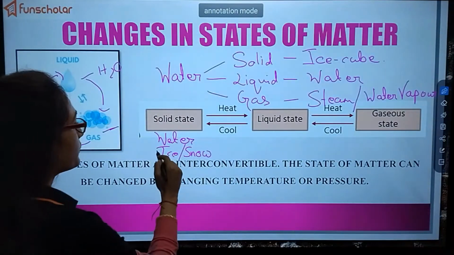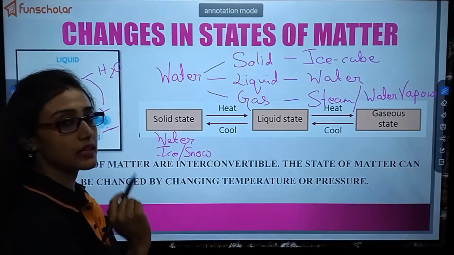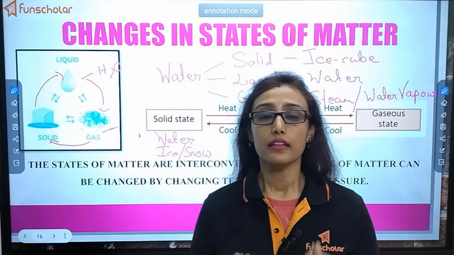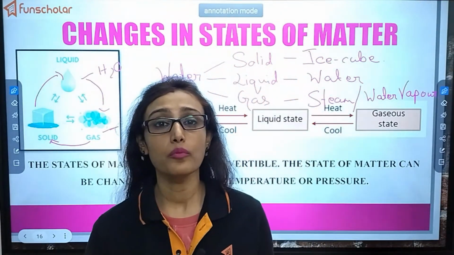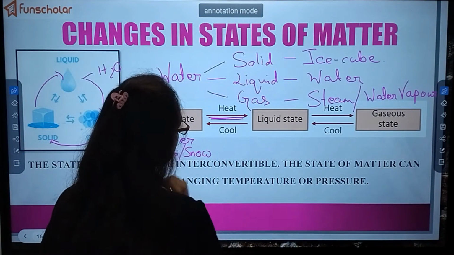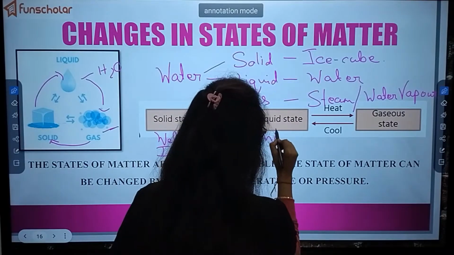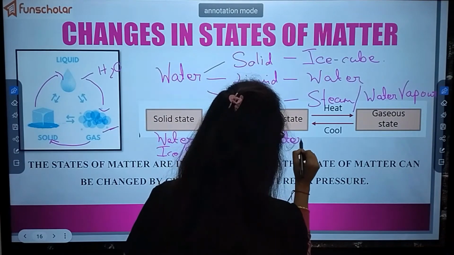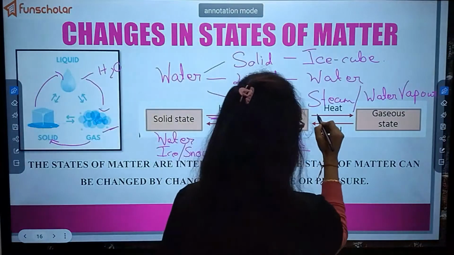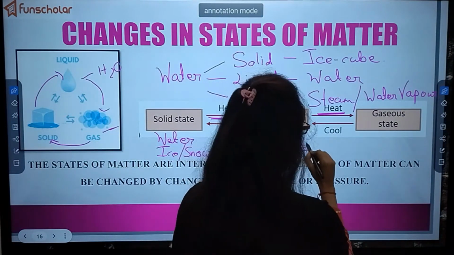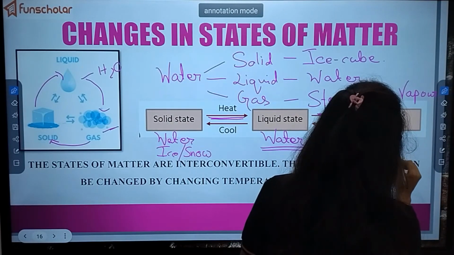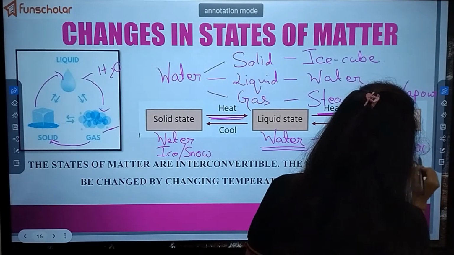Now we will apply heat to this ice. You know, in the summer, the ice in the polar region melts and forms what? Water. So, if you apply heat, it will come into liquid state, which is water itself. Now, if we heat it further, what will happen? It will change into gaseous state, that is vapor.